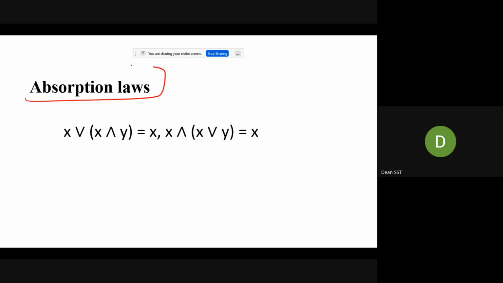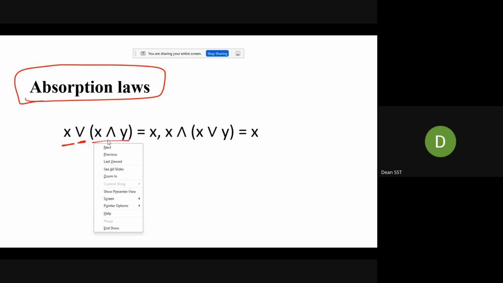Then we have the absorption law. X disjunction, fine. And inside the bracket you have the opposite sign. Here you are having disjunction, so inside the bracket you are having conjunction. Make it very clear.